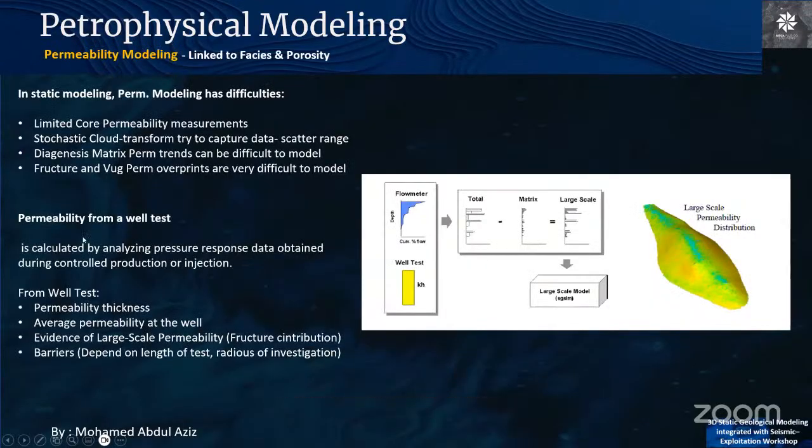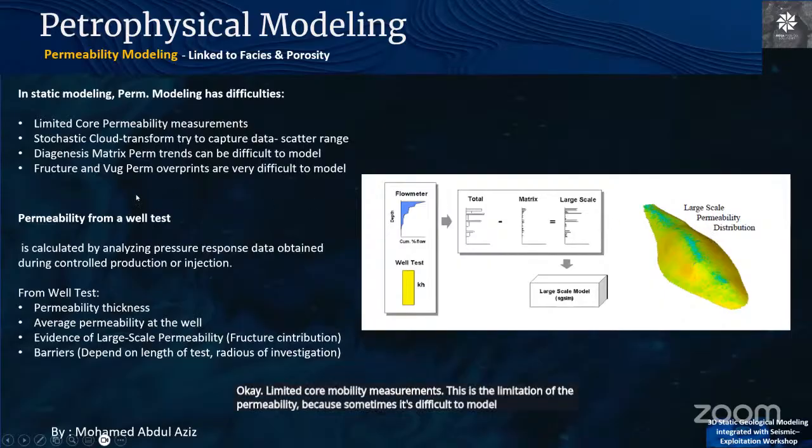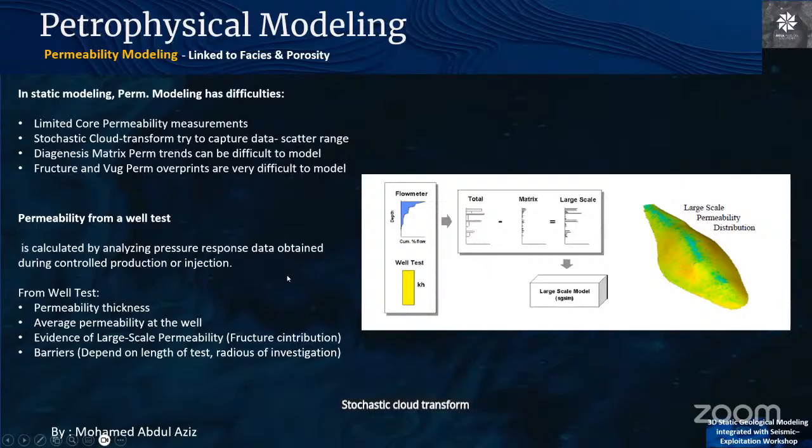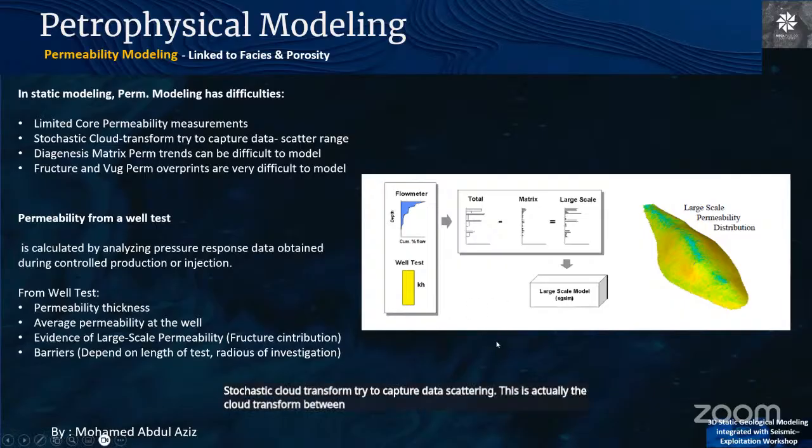For permeability modeling, the permeability is linked to facies and porosity. There are limited core permeability measurements. This is the limitation, because sometimes it's difficult to model, to be fair with you. Stochastic cloud transform tries to capture the data scatter range. This is the cloud transform between porosity and permeability.